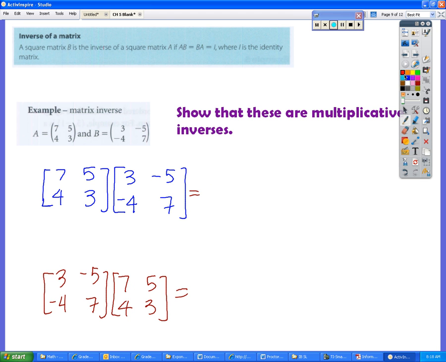So take a look. There will be 4 terms total because this is a 2 by 2 and a 2 by 2. Since these are the same, I can multiply it and my result will be a 2 by 2.